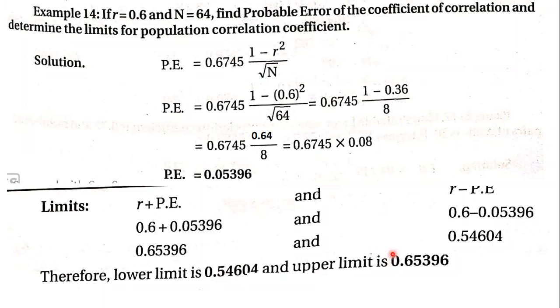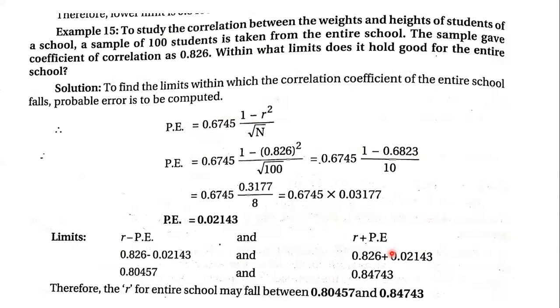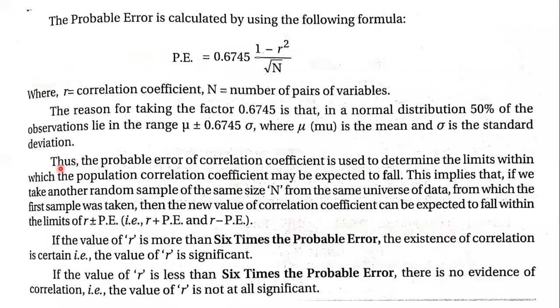Okay. Now moving on to the next problem. These are also same probable error only. One more thing which you'll have to understand under probable error are, see the last 2 lines here. So we will define the limits R plus PE and R minus PE.